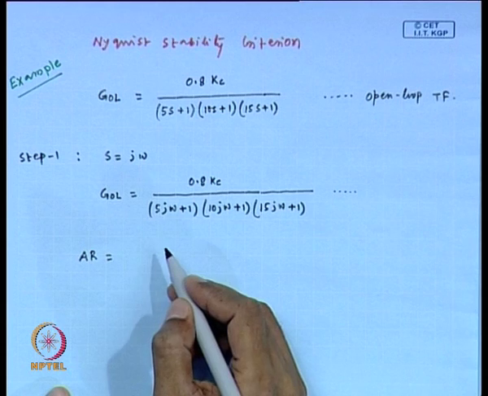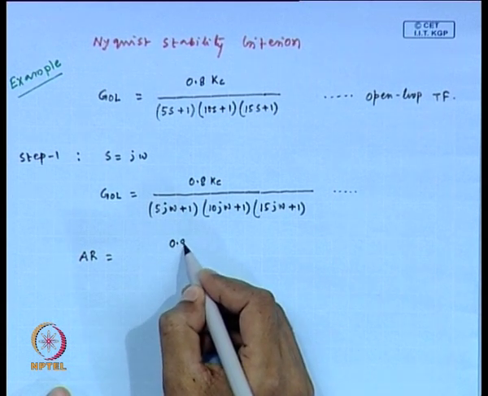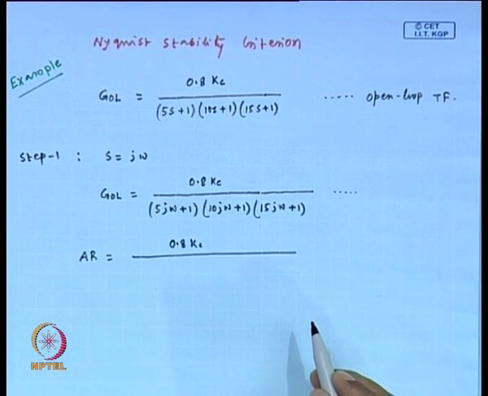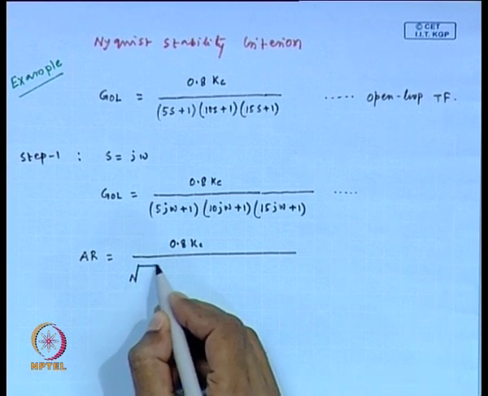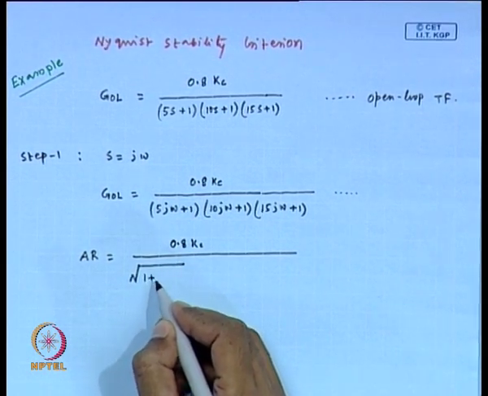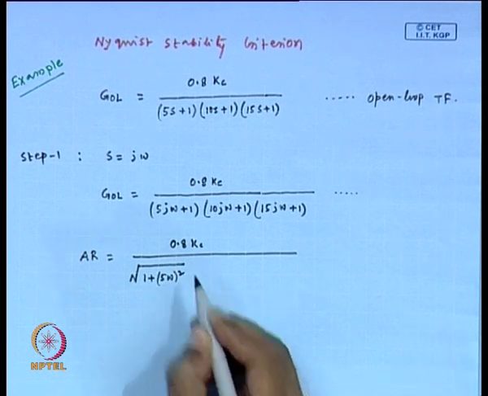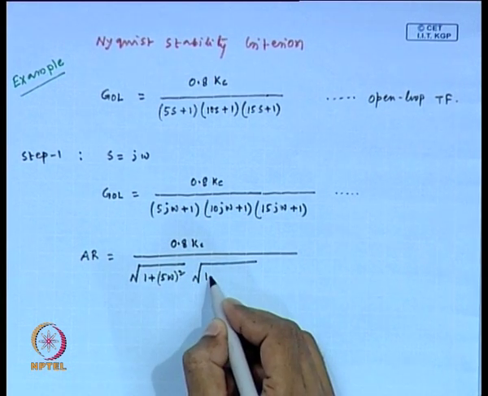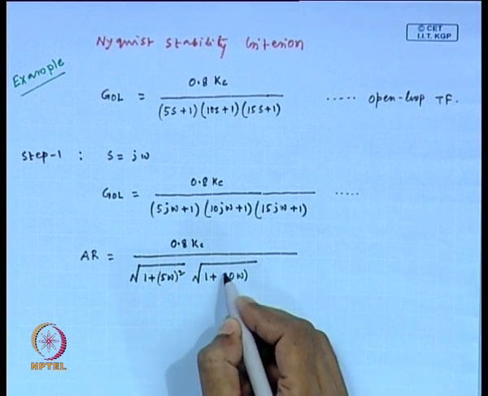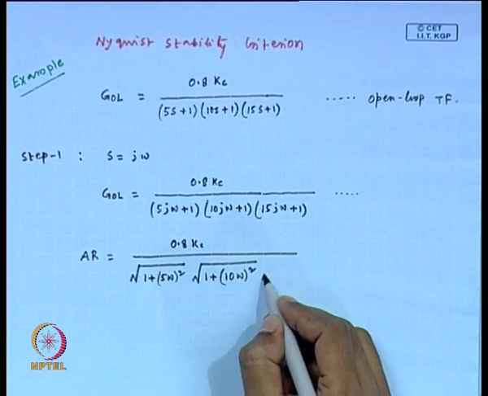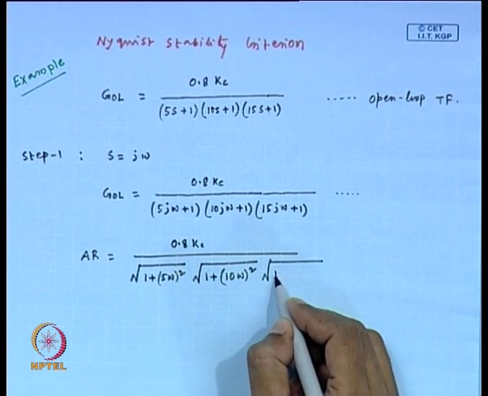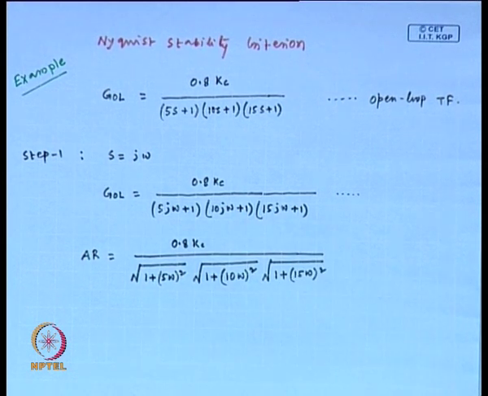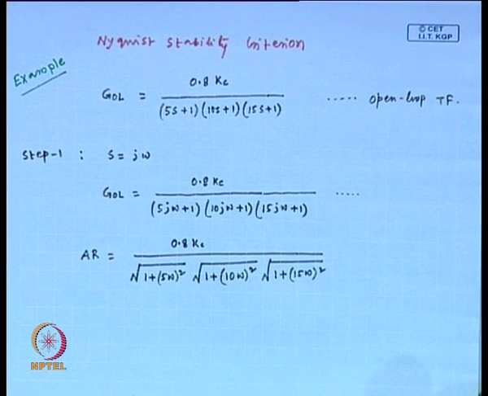So, it is straightforward to write the expression for amplitude ratio, that is 0.8 Kc divided by the square root of 1 plus 5 omega square, multiplied by 1 plus 10 omega square, multiplied by 1 plus 15 omega square. This is the expression for amplitude ratio.